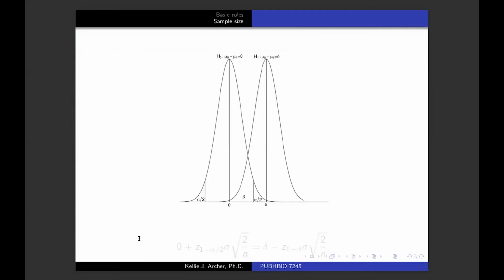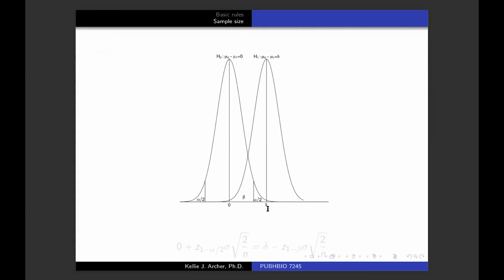In this figure, the distribution on the left represents the distribution under the condition of the null hypothesis, which you can see is centered here at 0. The distribution to the right represents the alternative and is shifted to the right by delta. So delta is our alternative difference.